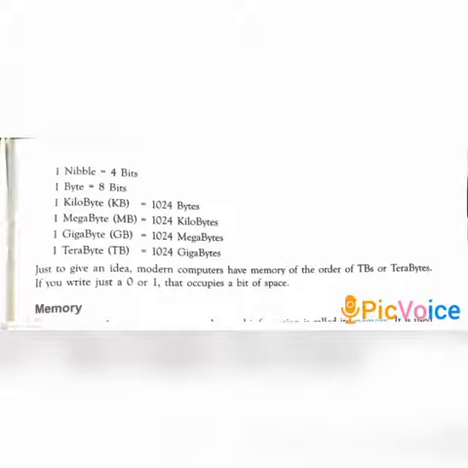Measurement of memory storage capacity. 1 nibble equals 4 bits. 1 byte equals 8 bits. 1 kilobyte equals 1024 bytes. 1 megabyte equals 1024 kilobytes. 1 gigabyte equals 1024 megabytes. 1 terabyte equals 1024 gigabytes.